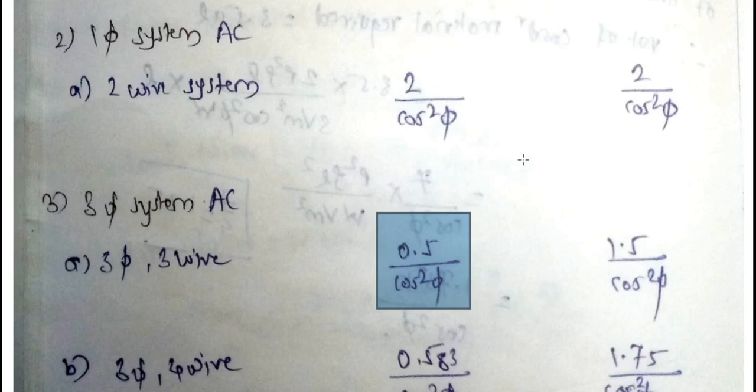We know that whenever we are using less volume of conductor material, it results in less investment or less cost. Hence, for the case of three phase three wire, we are using 0.5 divided by cos square phi. So this expression we have got from the previous lectures.